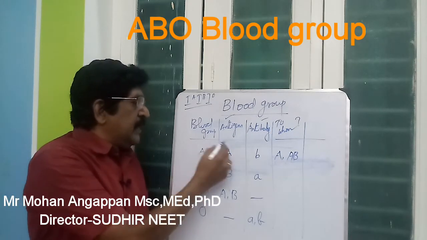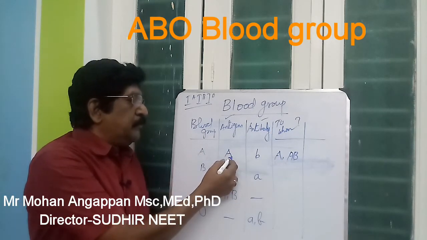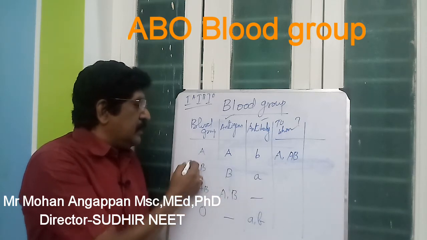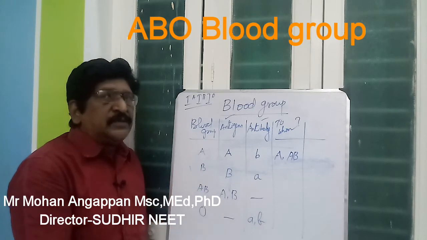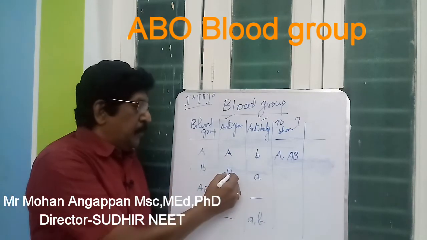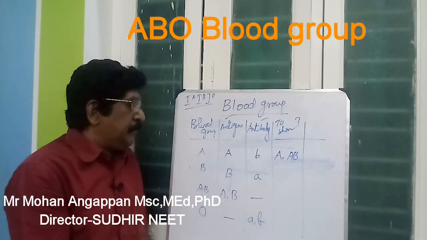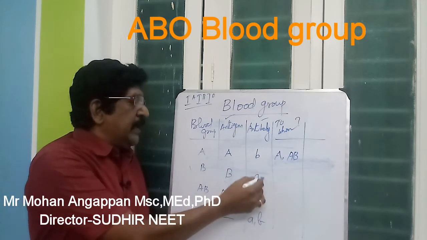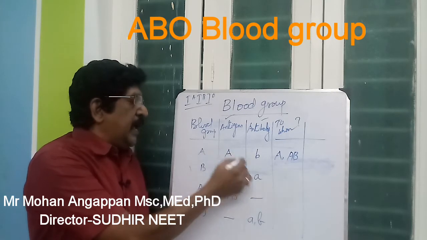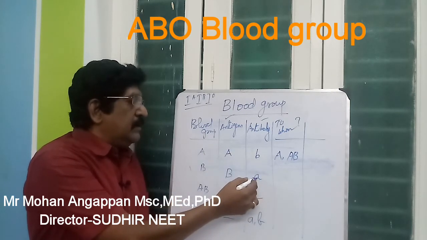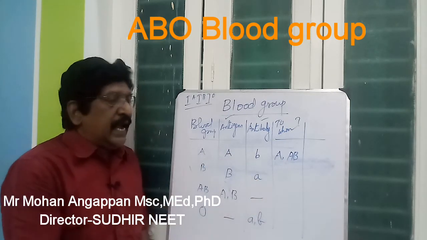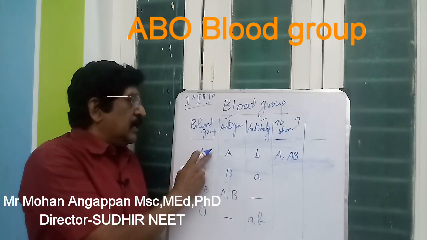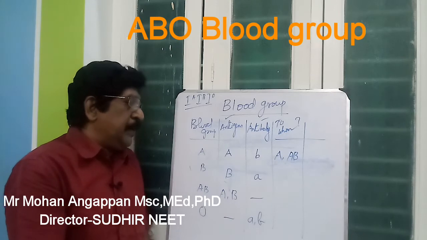So A can donate definitely to A group. If A group donates blood to B group, what happens here? In the B group, recipient antibody A is present, so antigen A and antibody A agglutinate. They react together and agglutinate. So A cannot give blood to B.